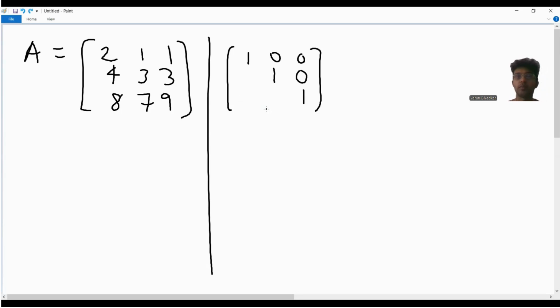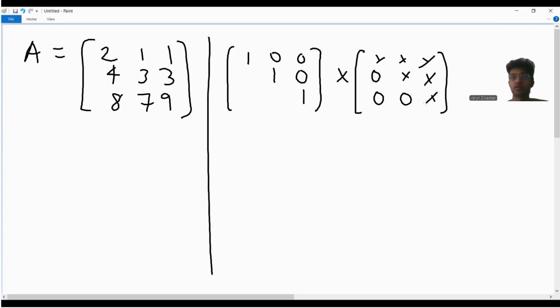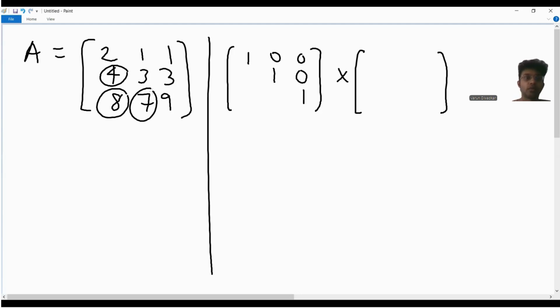And your upper triangular matrix is going to look like this, where you need to have all zeros over here, and these values are going to be transformed using Gaussian elimination. So let's see how we do that. In order to make this 0, and this 0, we need to perform Gaussian elimination.